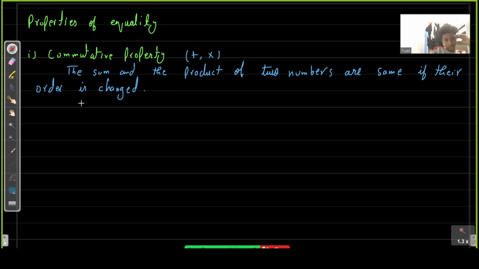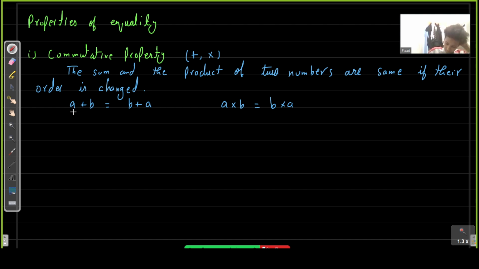For instance, a plus b should be equal to b plus a. The same way, if we multiply, a multiplied by b should be equal to b multiplied by a. So this is called the commutative property of addition and multiplication. This is for addition, this is for multiplication.